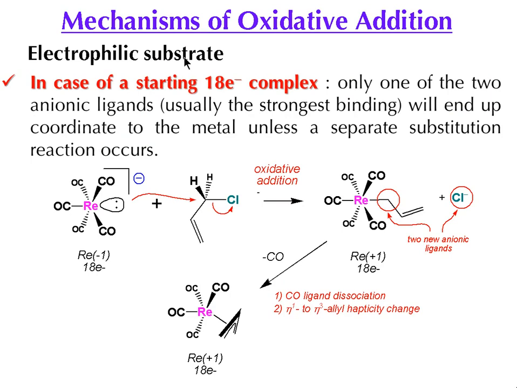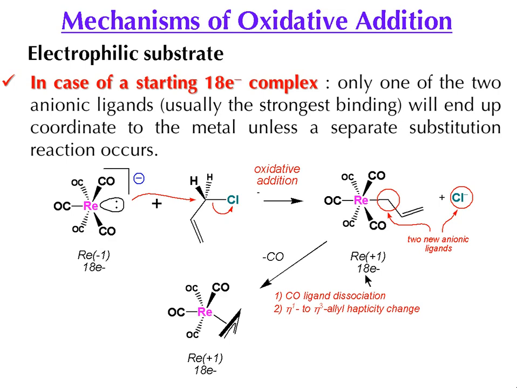Suppose we add an electrophilic substrate to a complex of 18 electrons. Only one of the two anionic ligands, usually the strongest binding, will end up coordinated to the metal unless a separate substitution reaction occurs. This is an example of the addition of HCl to a Re complex. Two electrons will attack the positive pole and release Cl minus. This is a complex from rhenium -1 to rhenium 1.